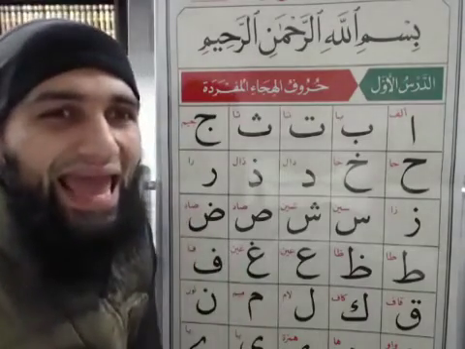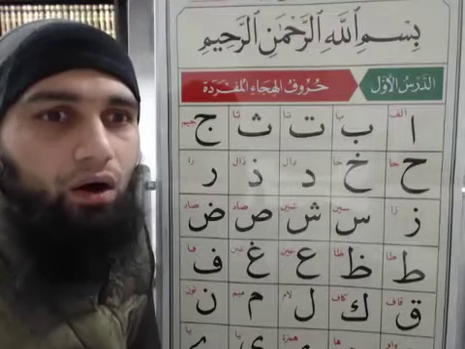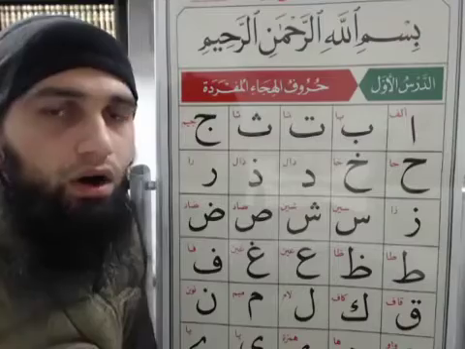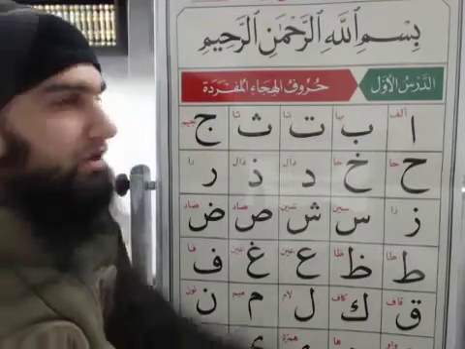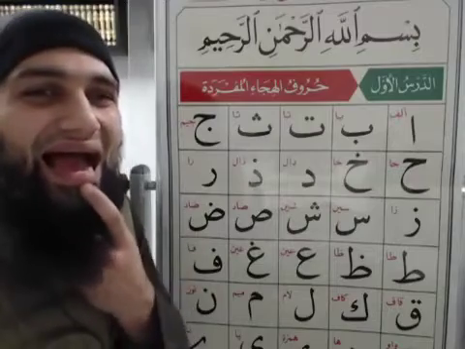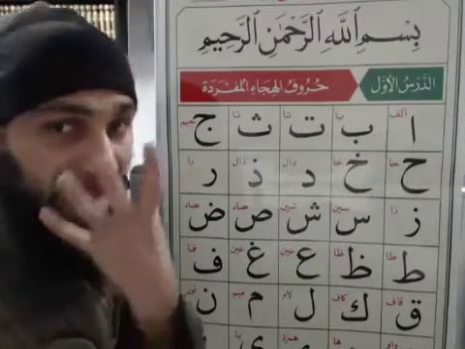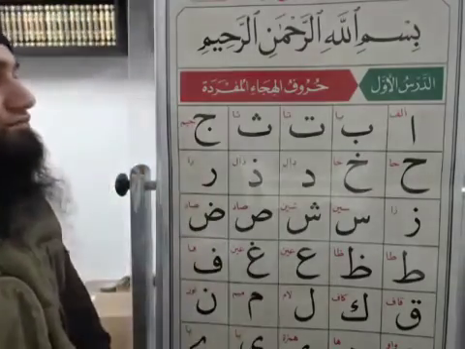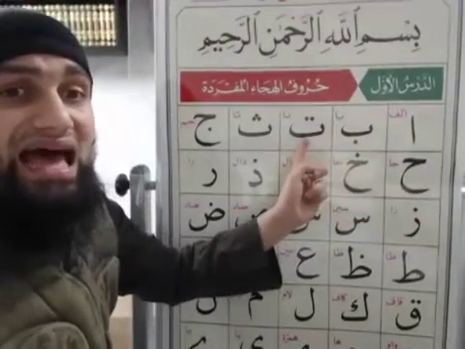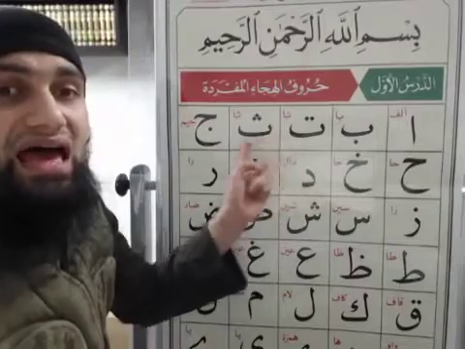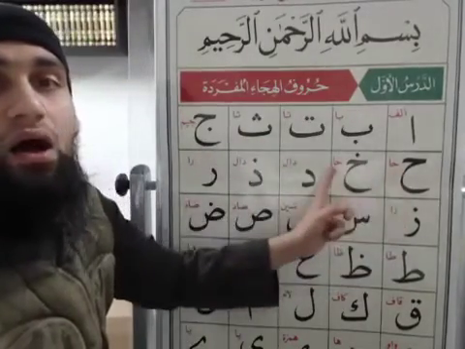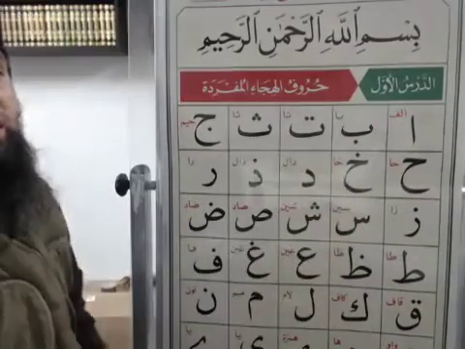I say kha, kha, kha, kha, compared to the other letters that had ba, ta, fa, ha, kha. Heavy sound stays in the mouth. Alif, ba, ta, fa, jim, ha, kha. Okay.